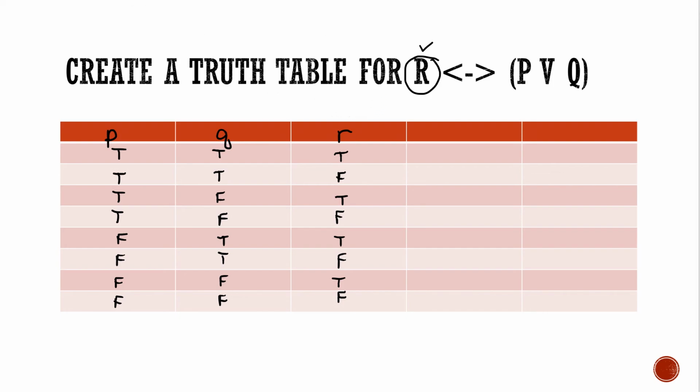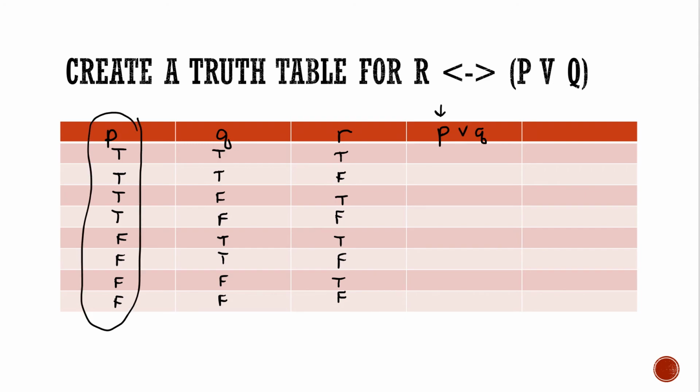All right, let's move on and look at the right side. Now, I have the P column and I have the Q column. But what I don't have are those 2 columns together with an OR in between. So I'm going to make that my next column, P or Q. Okay, so first we're going to copy. So underneath the P, I'm going to write down all of the P statements.